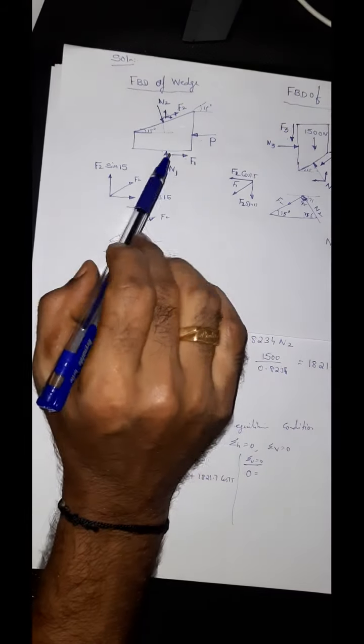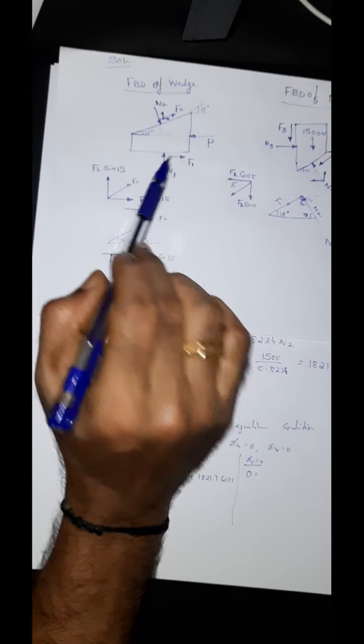Let us resolve the vertical forces now. Summation V is equal to 0. 0 equal to, how many vertical forces are there? Look at here, 1, then 2 and 3, right.